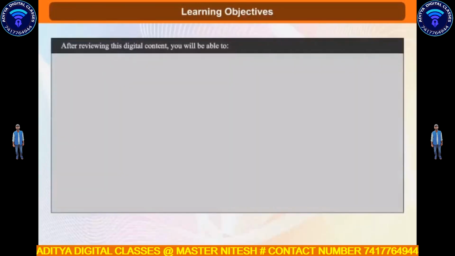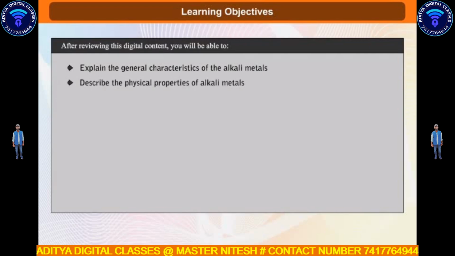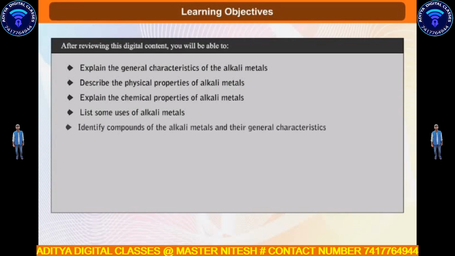After reviewing this digital content, you will be able to explain the general characteristics of the alkali metals. Describe the physical properties of alkali metals. Explain the chemical properties of alkali metals. List some uses of alkali metals.